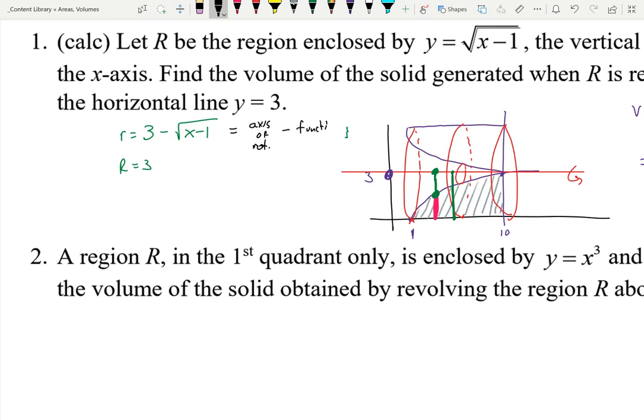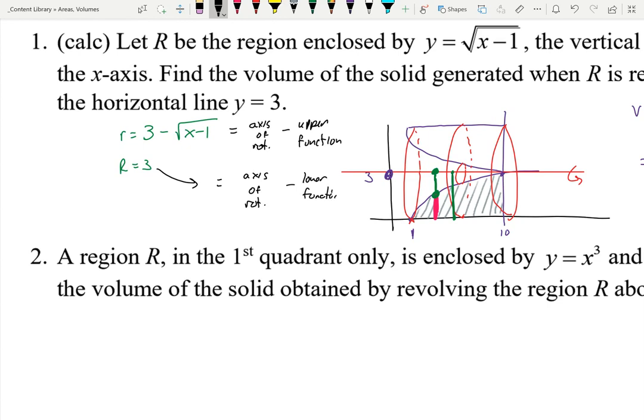Let me call that the upper function. And by upper function, I mean the function that is defining the top of the region. And my outer radius, similarly, is given by the axis of rotation minus the lower function.